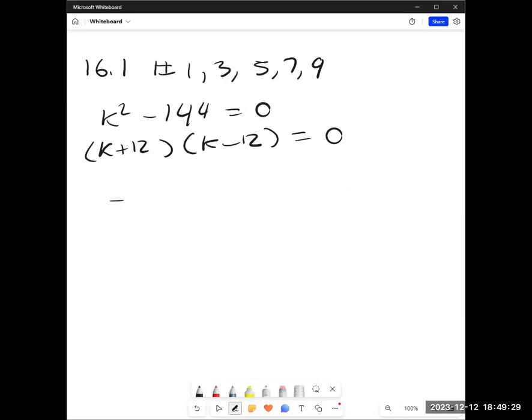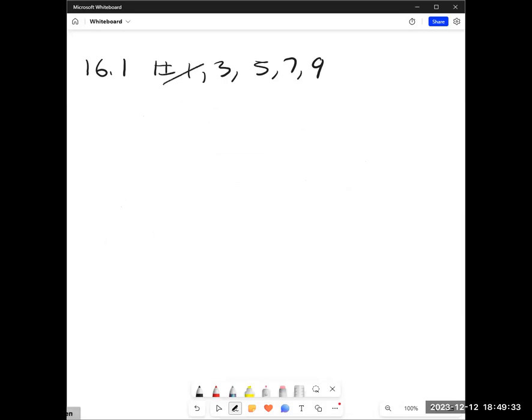Let's go ahead and move on to the next problem, m squared plus m is equal to 12. Actually, it's not a greatest common factor problem. It's going to be subtract 12 from both sides, because whenever we have a quadratic equation, we want to get it set equal to 0.